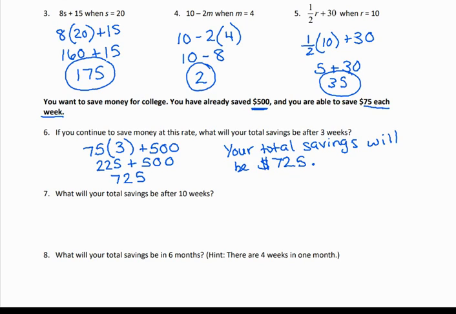So for this one, for 10 weeks, remember we're multiplying 75 times 10 plus the $500 that we already have. So make sure 75 times 10 is $750. Then plus our 500. And that gives us $1,250.